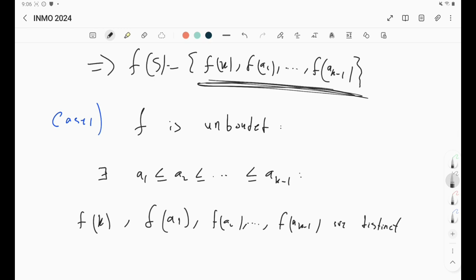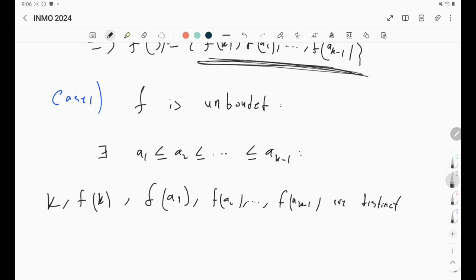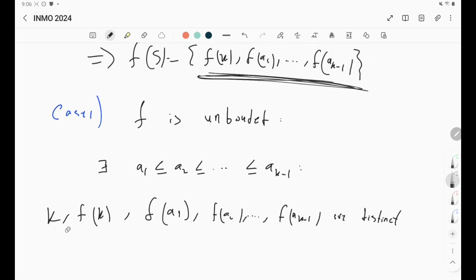Now you might tell me that our goal is to say this thing must be k, but you might say one of these can be k. So no problem, we can just add this. Remember, it's unbounded, so let's pick the a_i's to satisfy what we want. Let's even delete the k. Of course, sorry, right now I cannot say this because maybe k equals f of k.